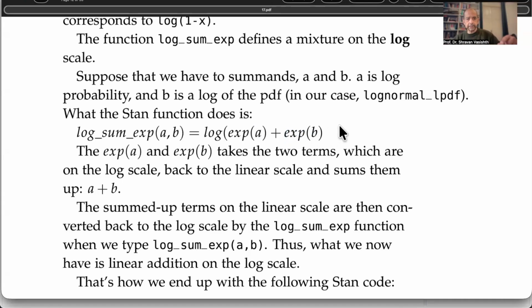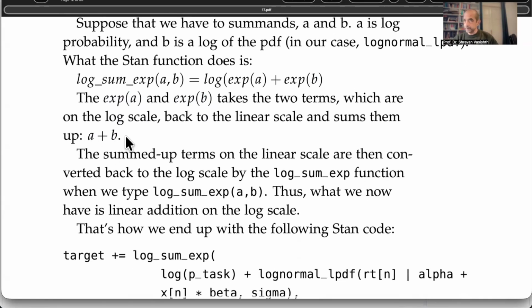I'll put this back in later. So there should be another bracket here. We're going to get B back into the original space, right? So exp(A) plus exp(B) takes the two terms which are on the log scale, puts them back into the linear scale, and sums them up as A and B.